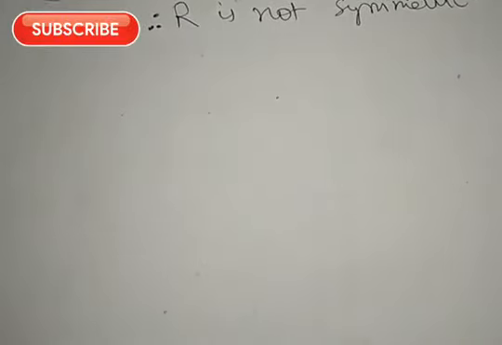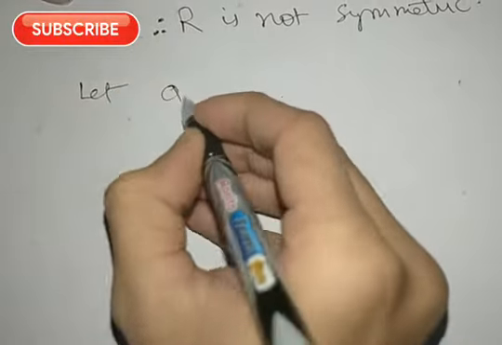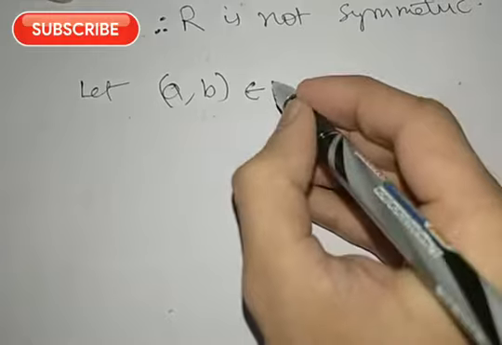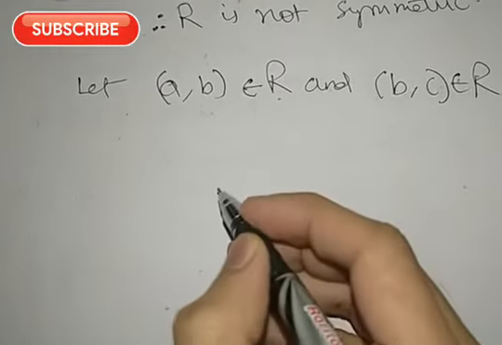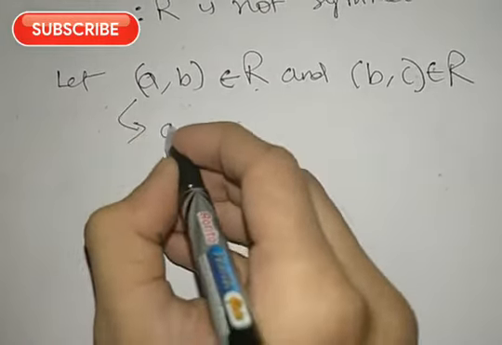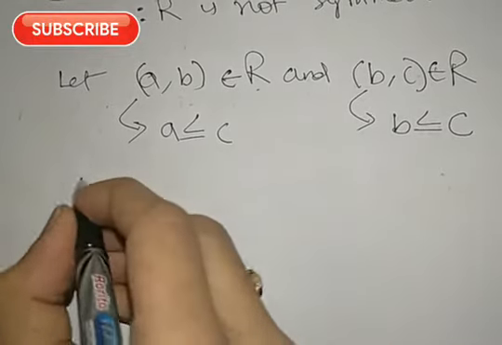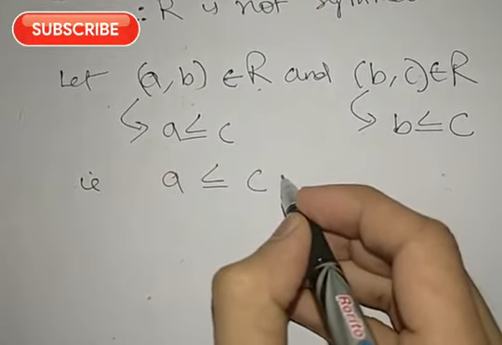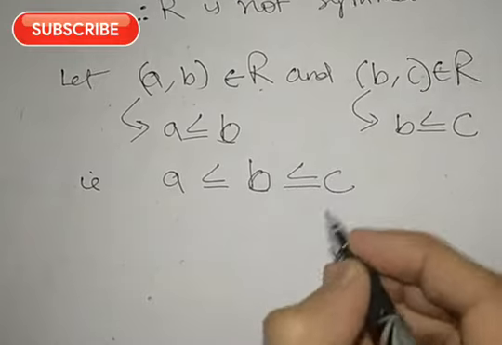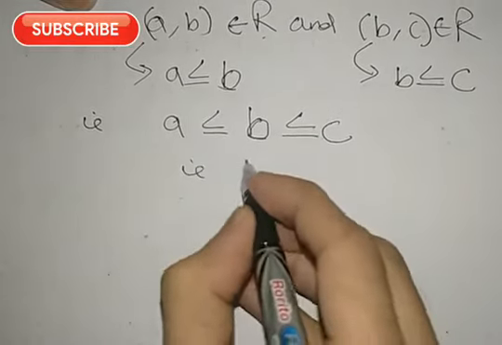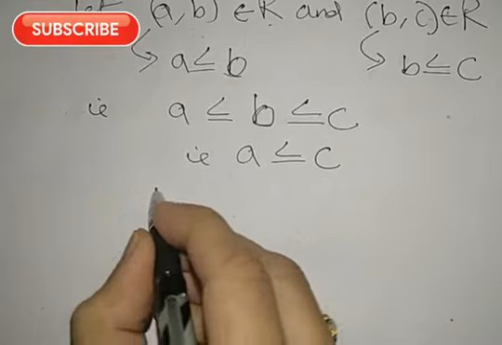Now let us prove that R is transitive. So let A comma B belong to R, and B comma C belong to R. So that is A is less than or equal to B, and from here you have B is less than or equal to C. So A is less than or equal to B, which is less than or equal to C. So that is A is less than or equal to C. So you got this.